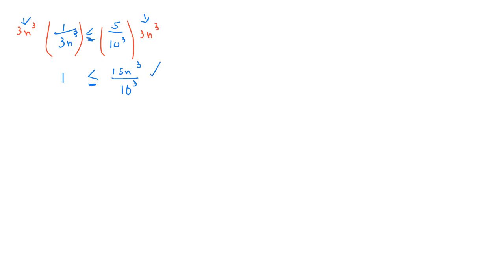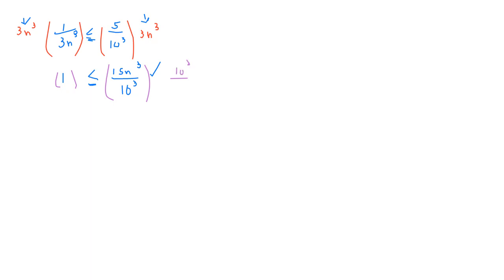And of course, what we want to do here is isolate the n cubed. So what would I multiply both sides of this inequality by to get the n cubed by itself? 10 cubed over 15.